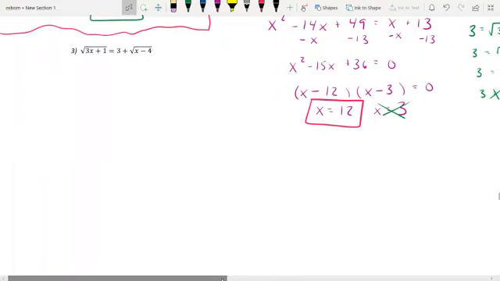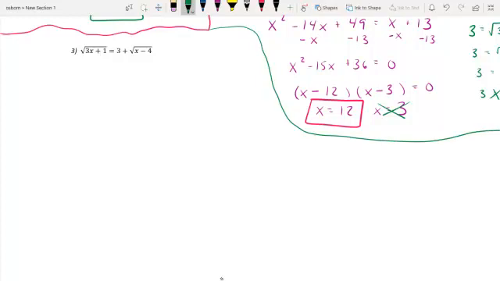Alright, now the next type of problem we're going to look at here. Go ahead and draw a line so it stays all by itself. This one I have 2 radicals, so that makes my job a little bit more difficult because I'm going to have to square this equation twice to get rid of both radicals.